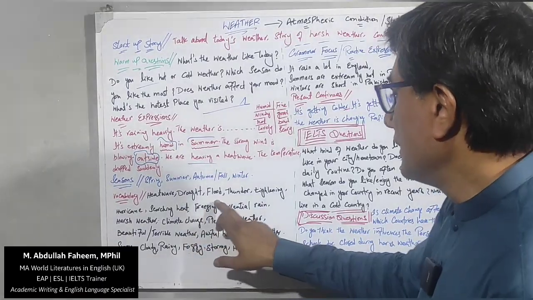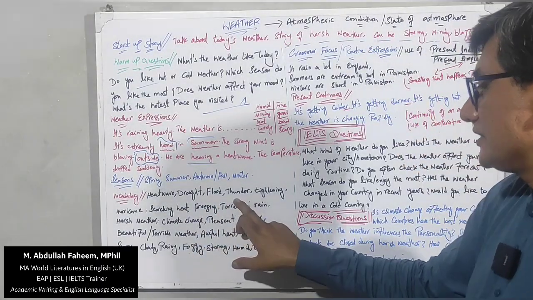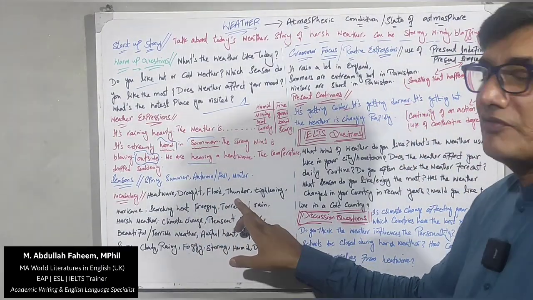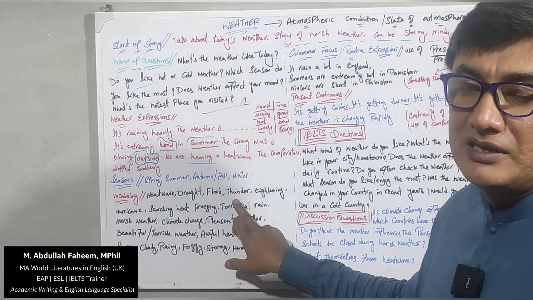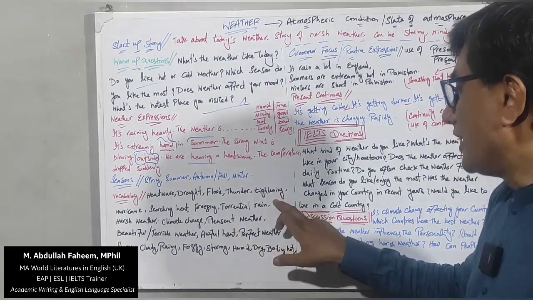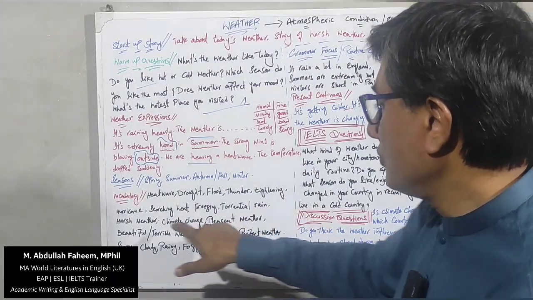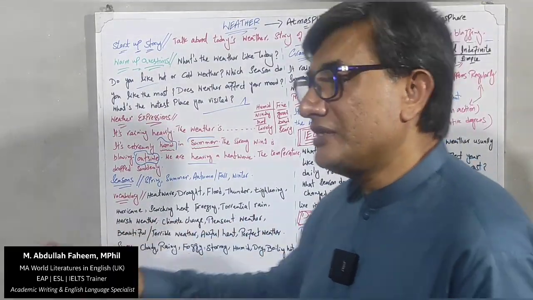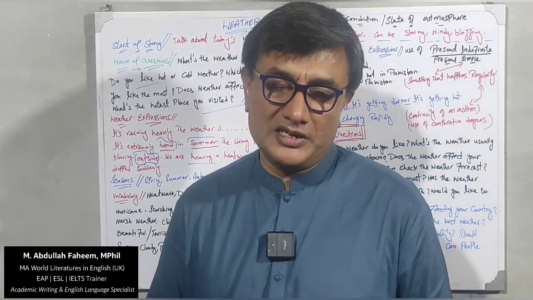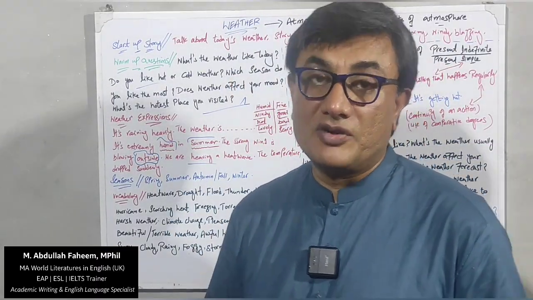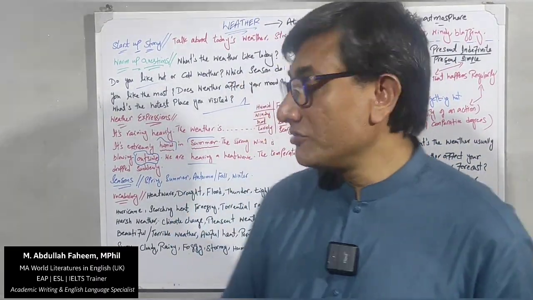And then we have flood. Thunder, obviously, is the sound when scientific phenomena in the weather take place and you feel the thunder in the air. Lightning is about flashlights. Hurricane is a windy atmosphere, severe winds that come from the ocean as well.